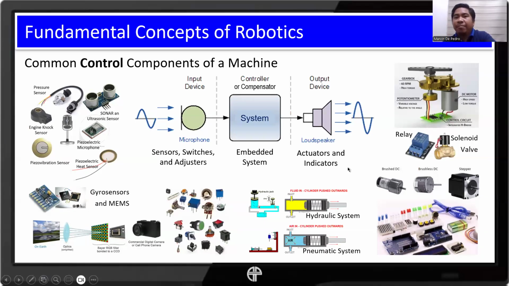On the output side, we should have at least one actuator or indicator. Actuator, of course, is the motor; indicators can be some screen or as simple as LEDs. This is where we focus, and we're going to have an overview of that in the next section.